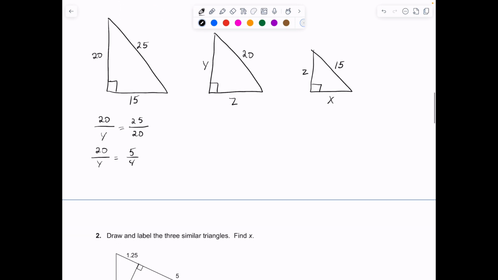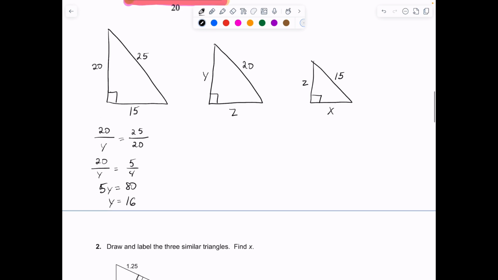Make it a little bit simpler here. So I have 5Y equals 80, or Y equals, what is that going to be? 5 times 16, I believe. That's right, yes. Okay, so Y is 16. Okay, let's go to the next one. So this is equal to 16.